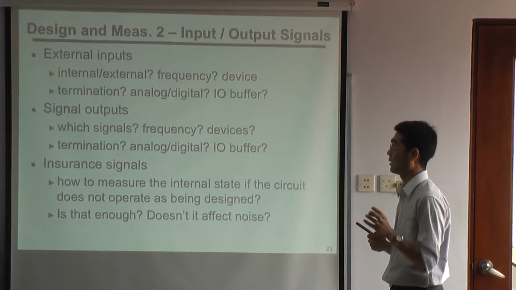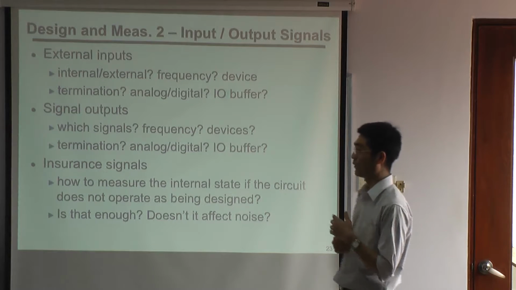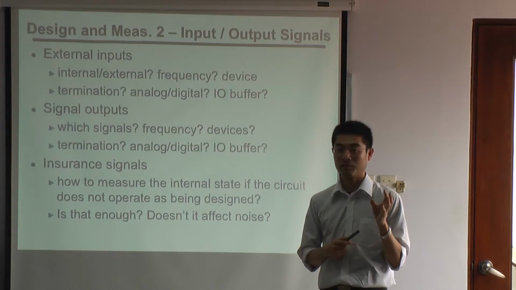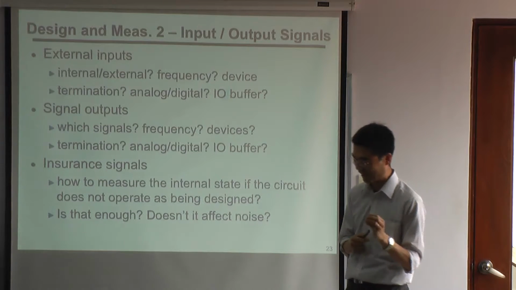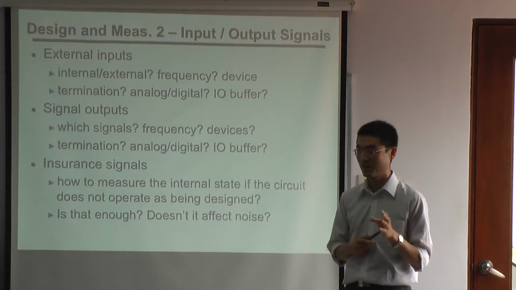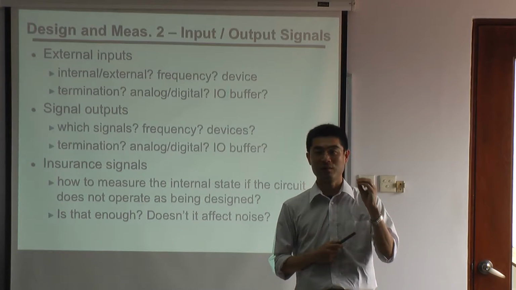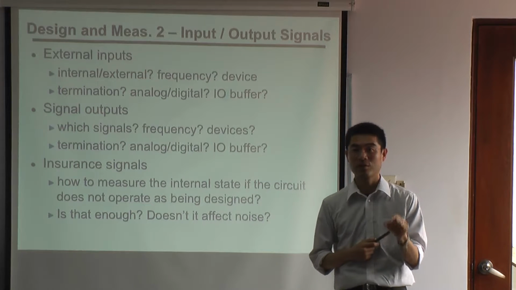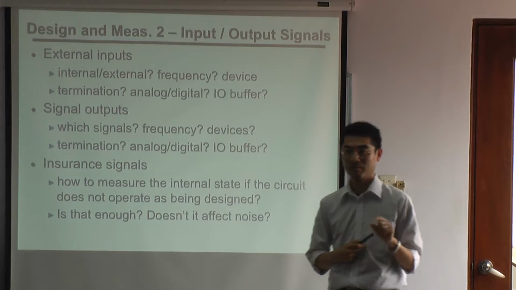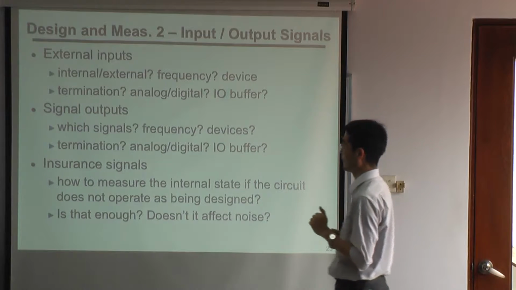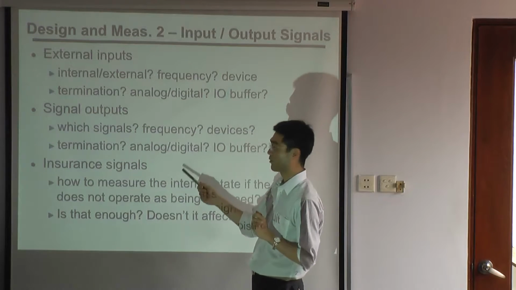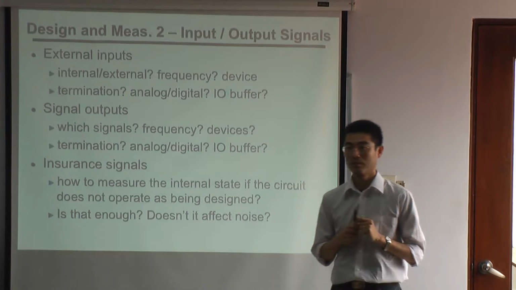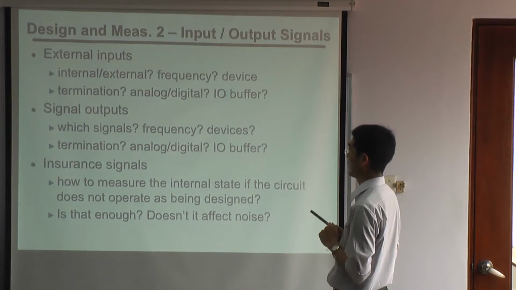And after deciding the frequency, you have to decide the termination, the matching: whether the termination impedance is embedded on the chip or a 50 ohm resistance is put on the PCB. Or whether that is an analog signal or digital signal, or that is I/O buffers. You have to decide it.